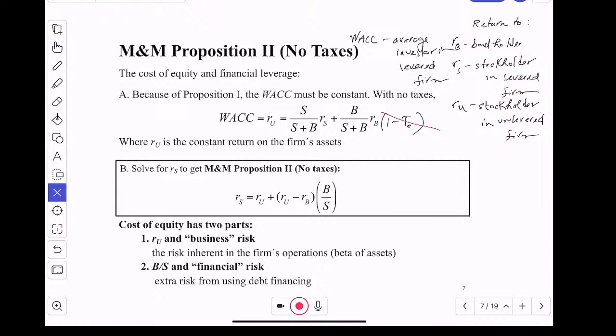You have a person who's partly invested in stocks and partly in bonds in that same firm. And then you just have the stockholder in the unlevered firm. Is that all right? So there's 4 characters that we care about here. The return to the average investor in the levered firm is equivalent to the return to the investor in the unlevered firm. That's the main point.